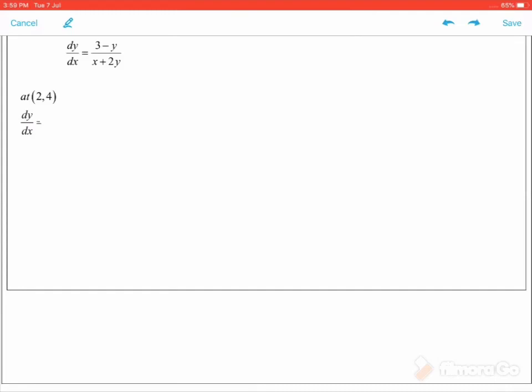Okay, you will get 3 minus 4 over 2 plus 2 multiplied by 4. So the final answer you will get is equal to negative 1 over 10. So that means the gradient of the tangent is equal to negative 1 over 10 for this equation.